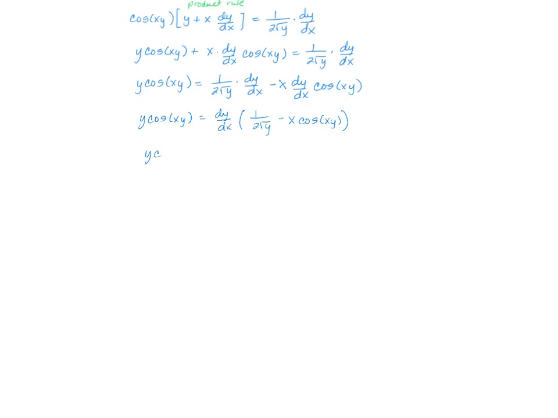So we're going to get y times cosine of xy all over 1 over 2 square root of y minus x cosine of xy. And again, you could stop here. Especially on an exam, I wouldn't have you simplify that complex fraction on the left-hand side. So you may stop here.